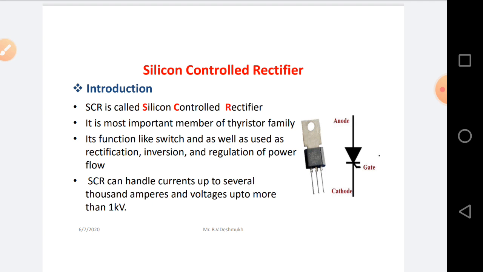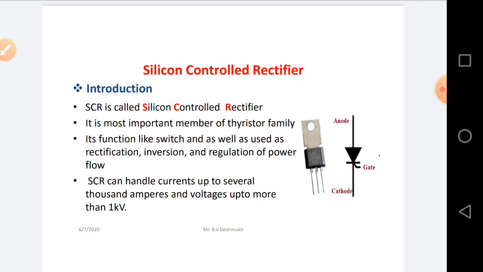In the thyristor family, so many members are involved, but SCR is the widely used member of the thyristor family. So most of the time, the silicon control rectifier is also called a thyristor.